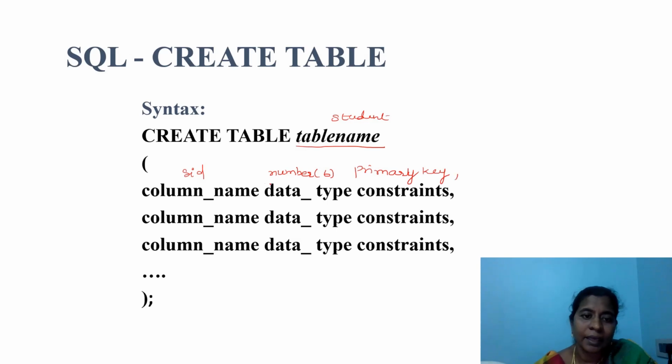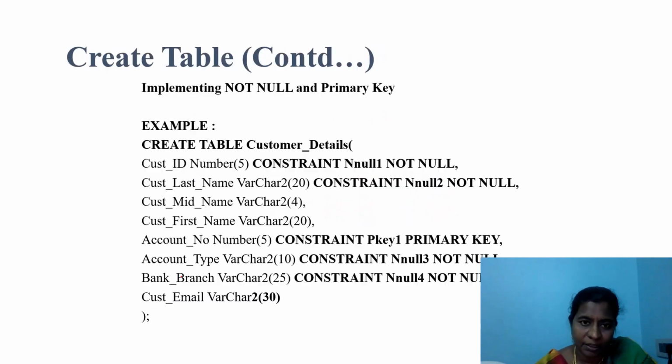And the next column, for example, is the student name, and the data type is varchar2 and the size is 25. And if it is not null, then I can mention that as not null. Similarly, I can mention the constraints, then close bracket, semicolon. In that case, your table will be created.